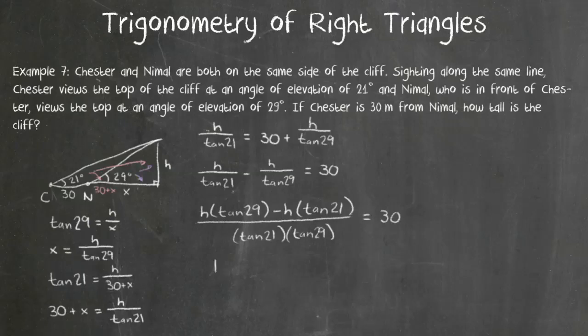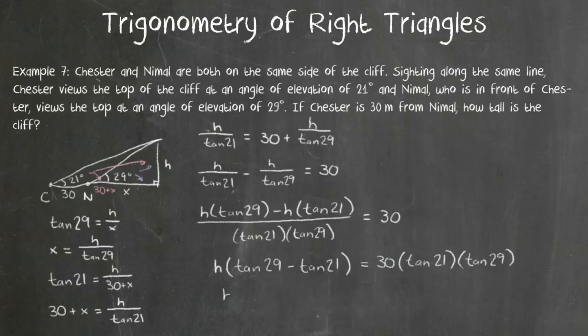Okay, my next step, I'm going to factor h out of the numerator, leaving me with h times the tangent of 29 minus the tangent of 21. And then I'm going to multiply 30 by the tangent of 21 and the tangent of 29 to eliminate my fraction.